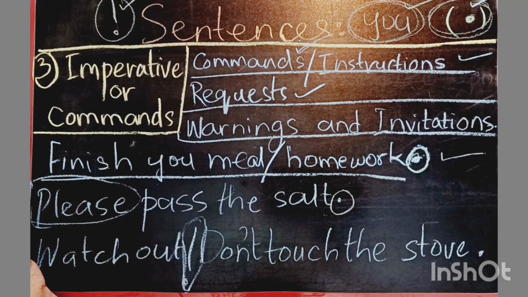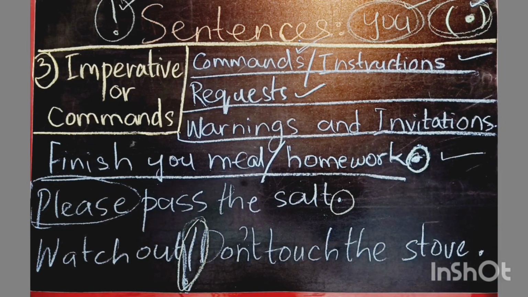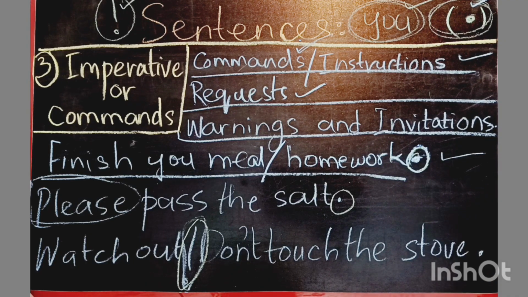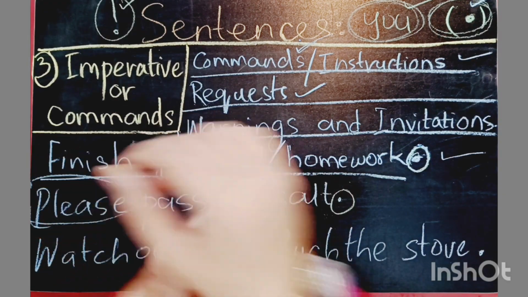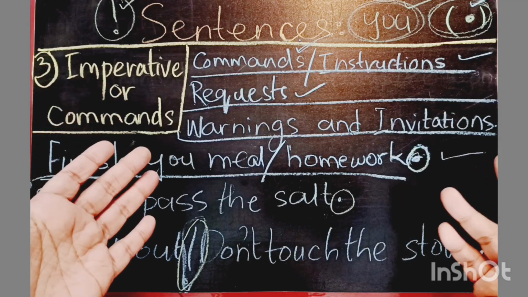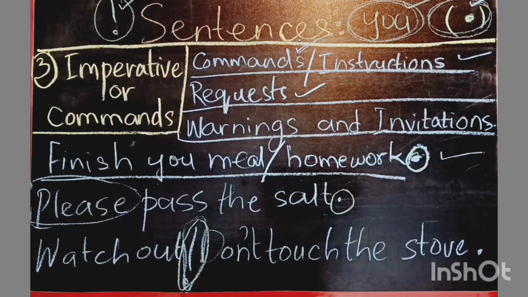Okay, and now for warnings I have used the exclamation mark here, so that it is showing a sudden emotion of warning someone towards a thing which can harm them. Okay, it's a warning, watch out, don't touch the stove, it is hot. Okay, don't touch the stove, it is hot.